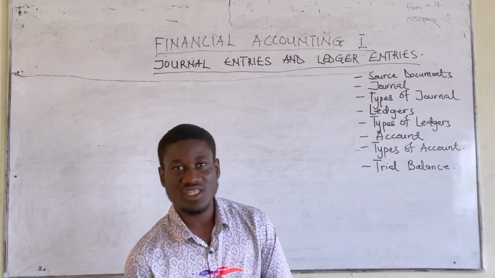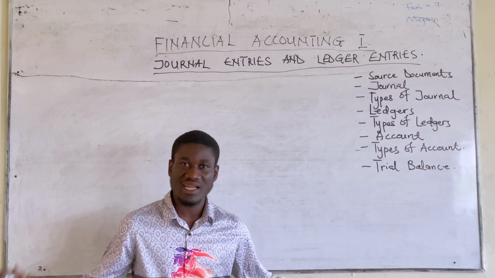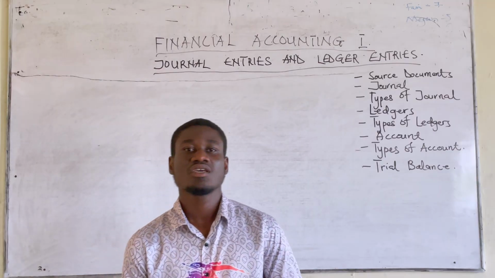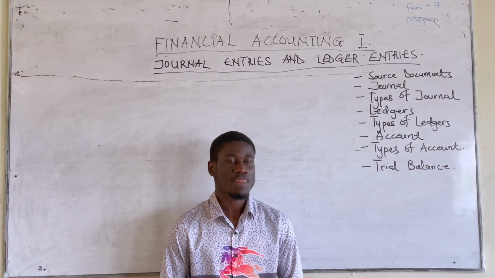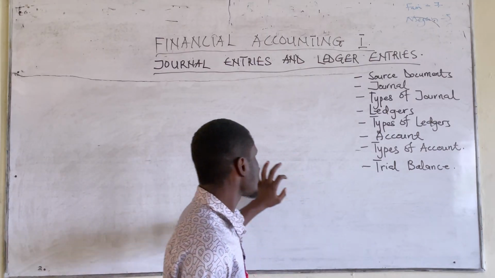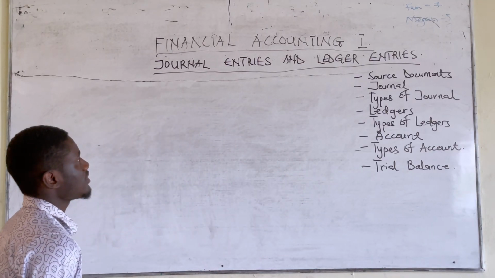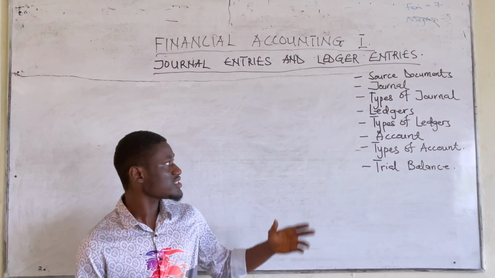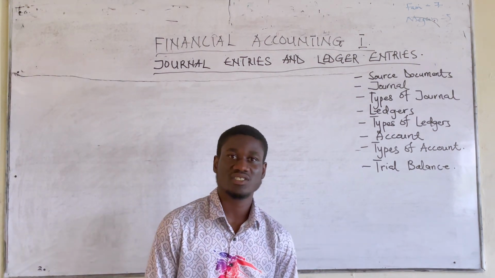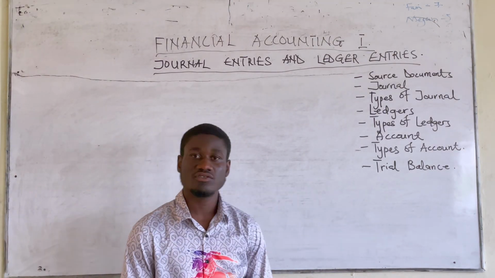So at the end of the day, our total credit balance should be equal to our total debit balance. Do we get it? Good. So that's all for the general entries and ledger entries. The next time we meet again, we'll be solving questions under general entries and ledger entries.